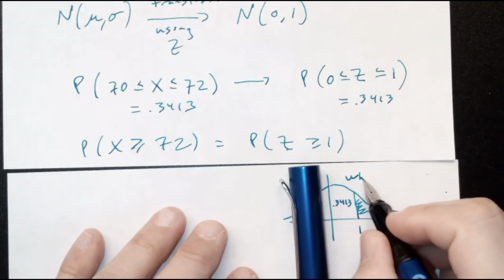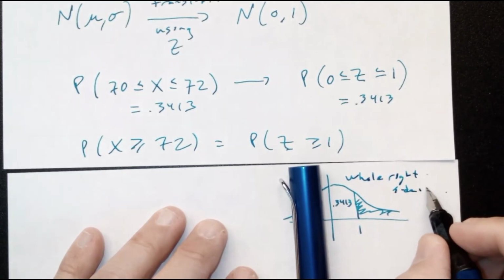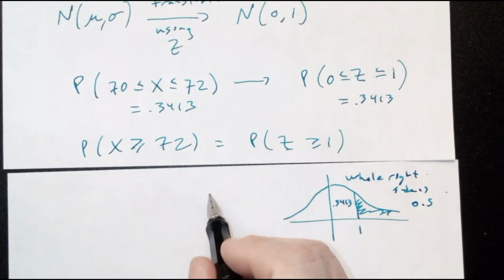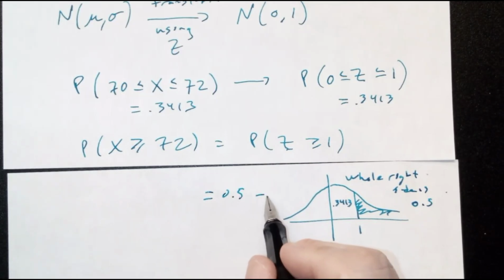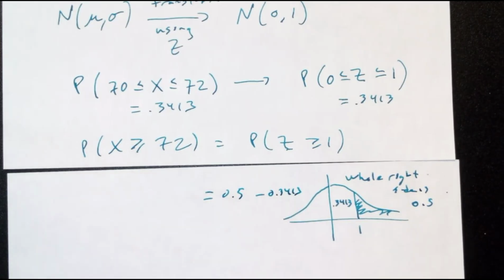The whole side is 0.5. So if I want this, I'm going to take 0.5 minus 0.3413. Now, what is that number? You all have calculators. You don't have to do this in your head.